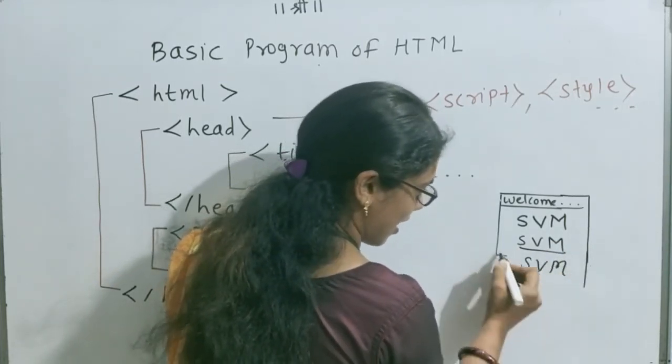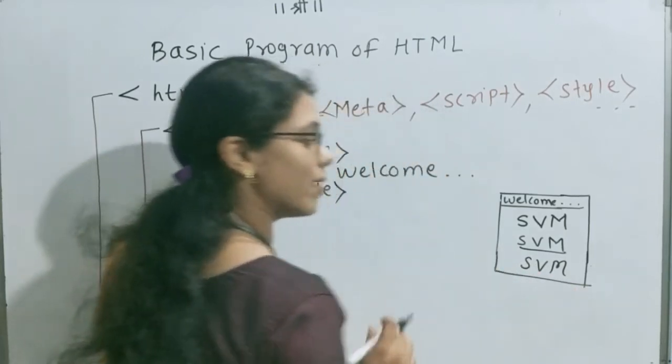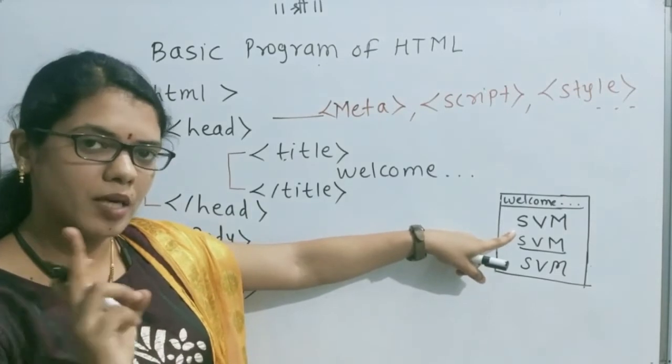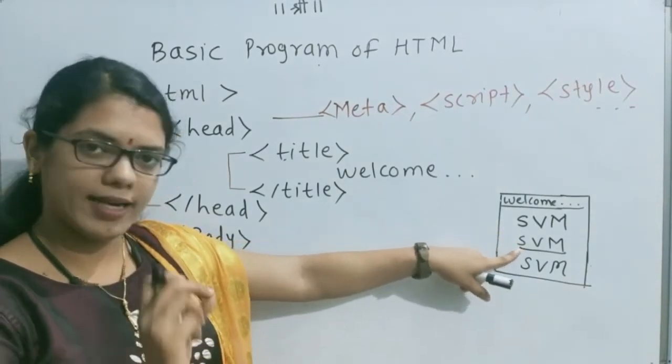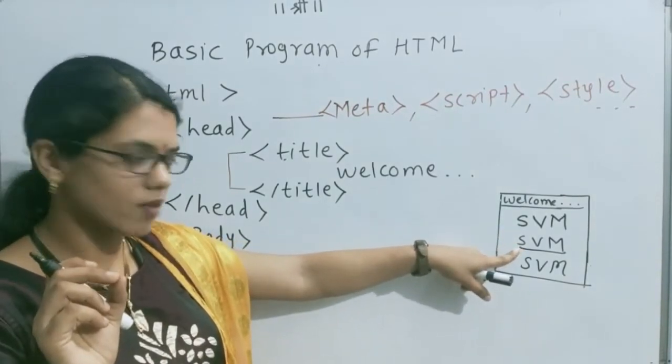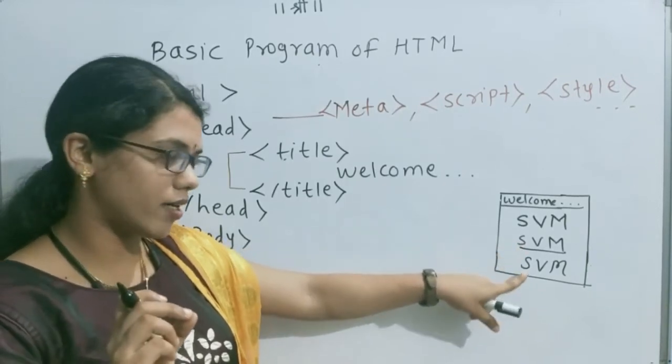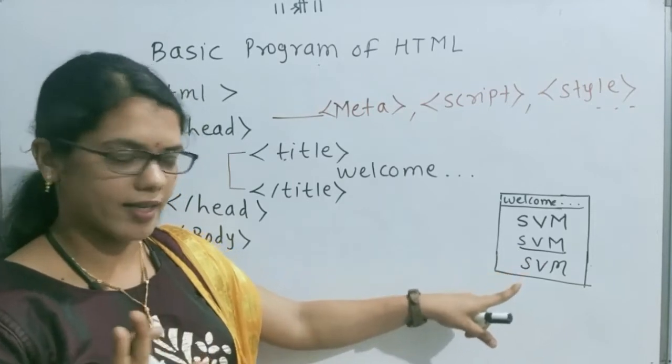Consider the last SVM text is displayed in italics form. To display text in bold, the B tag is used. To display underline form, the U tag is used. And to display italics form, the I tag is used.